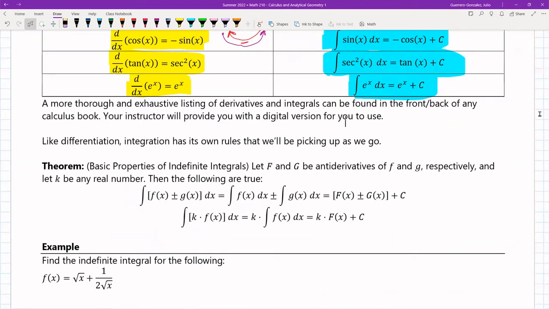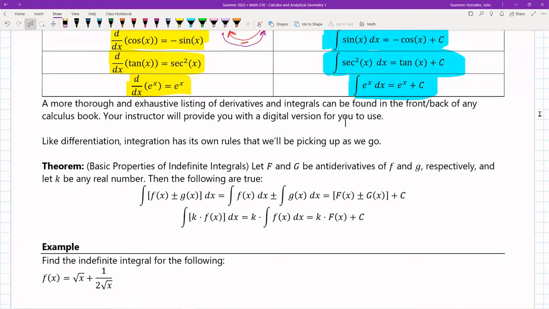I'm going to provide one for you. I'm going to put it in the course files. So if you go to files, there's going to be a nice big list there. You're more than welcome to print it out and have it stapled against your wall, up on the fridge, whatever you need, so that you can look at it and have it as a reference.